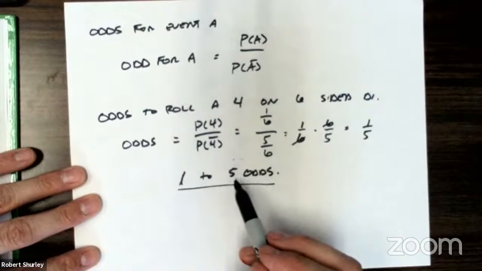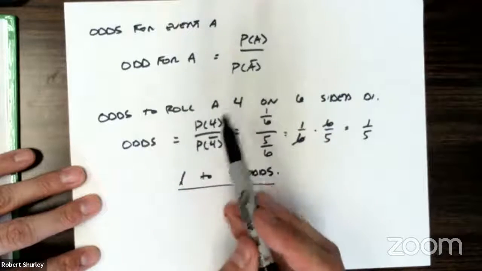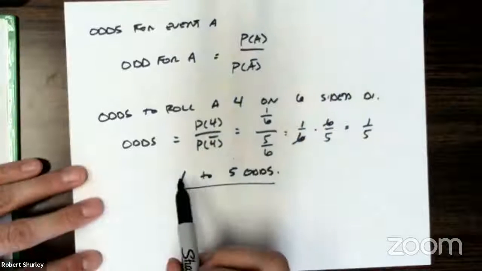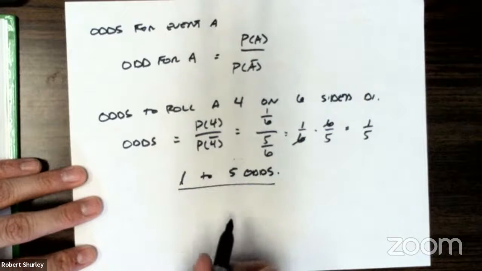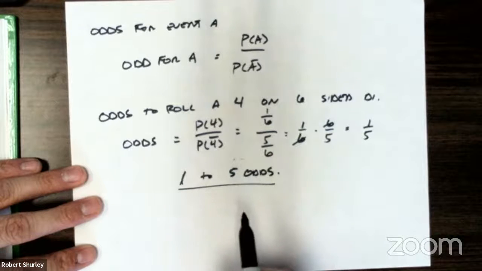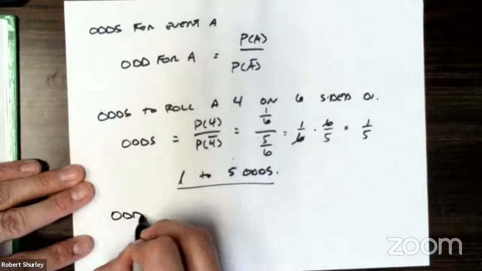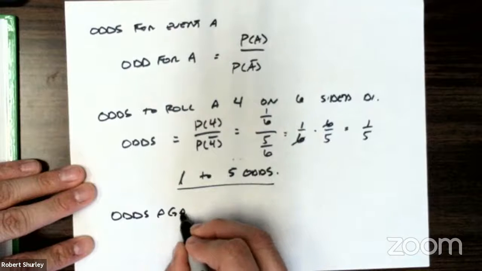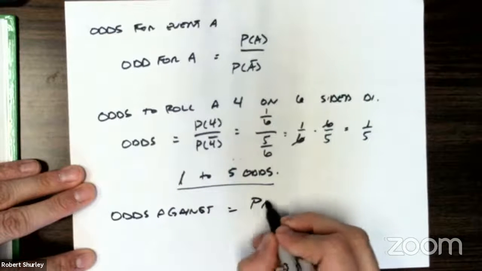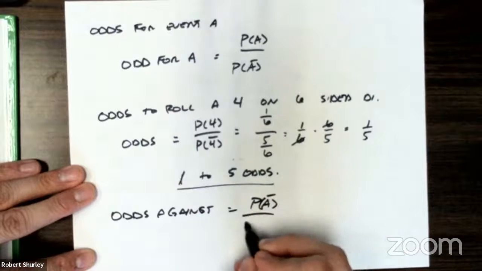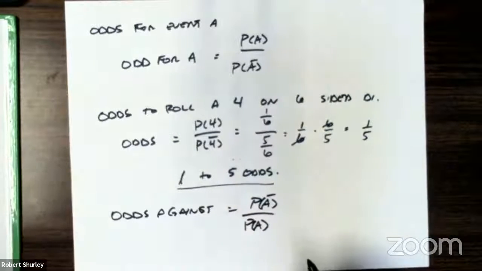It's not 1 out of 5, because really the probability of rolling a 4 is 1 out of 6, right? It actually tells you the number of occurrences we should have and the number we shouldn't have. Then your book just does odds against, which would be the probability of against over the probability of it occurring.